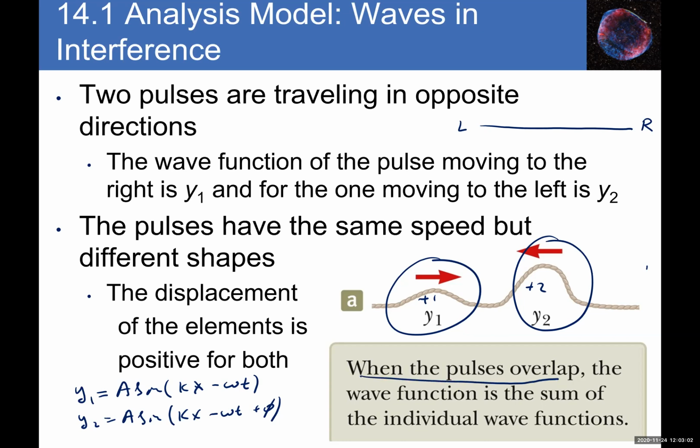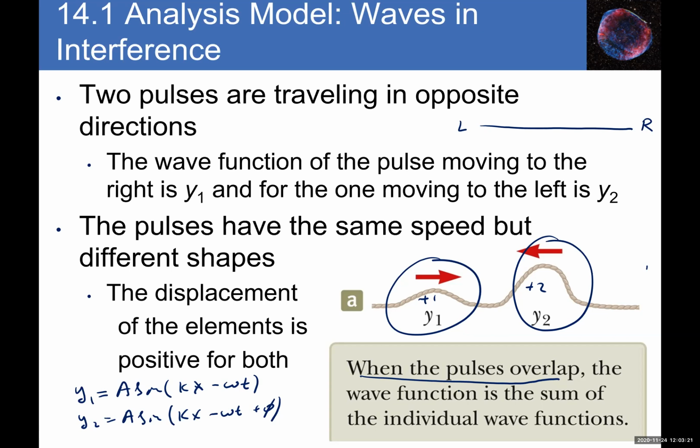Then we're going to have those pulses overlap, and the wave function is the sum of the individual wave functions. That means when they overlap, they create a new wave, which is what we call a superposition of those two waves.